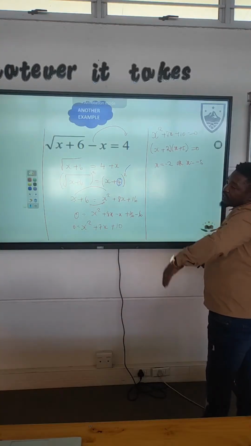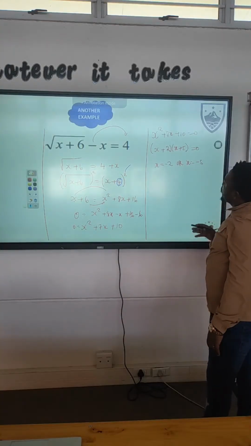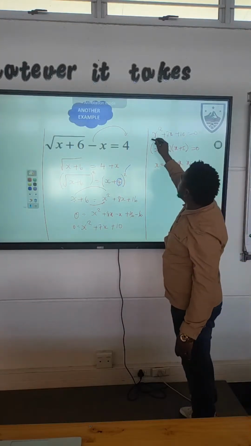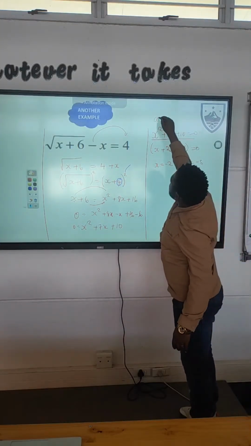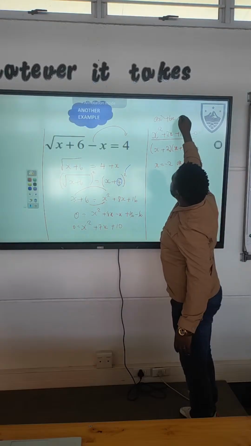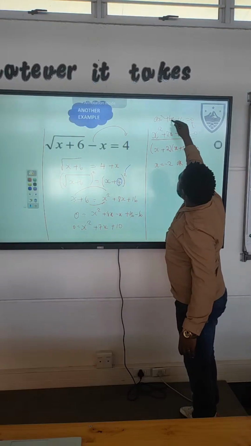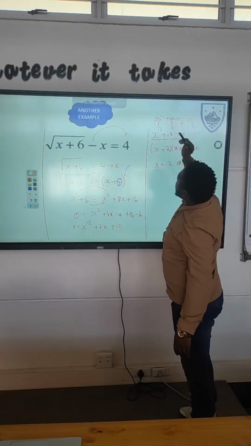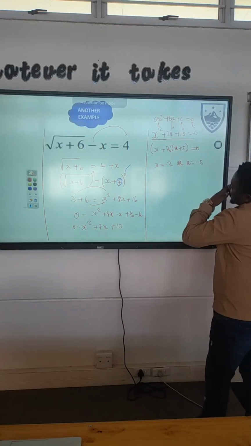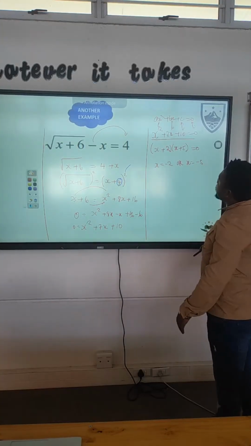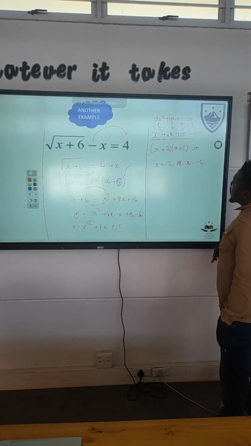If you cannot factorize, you still have the quadratic formula. You can use the quadratic formula as soon as you get here, because you have ax squared plus bx plus c being equal to 0. You have that 0, you have that c, you have that b, and then you have that a. So you can use the quadratic formula if maybe you cannot get the factors as soon as you would like to.